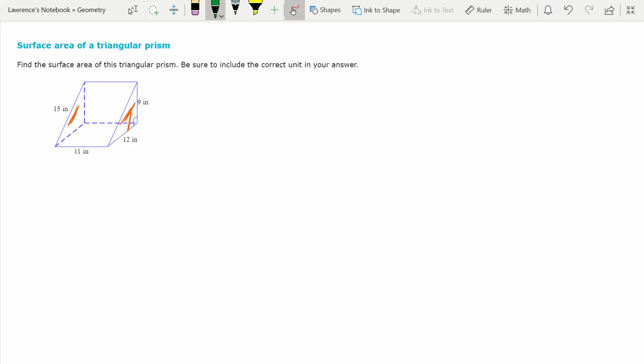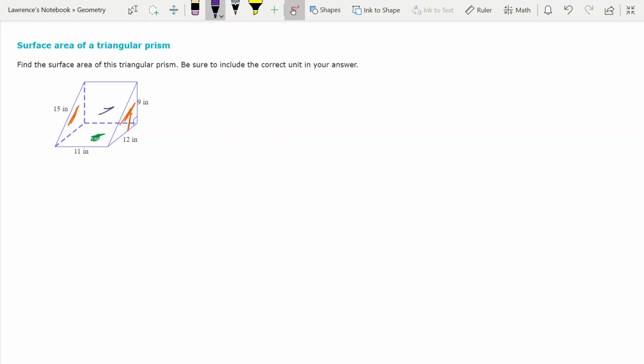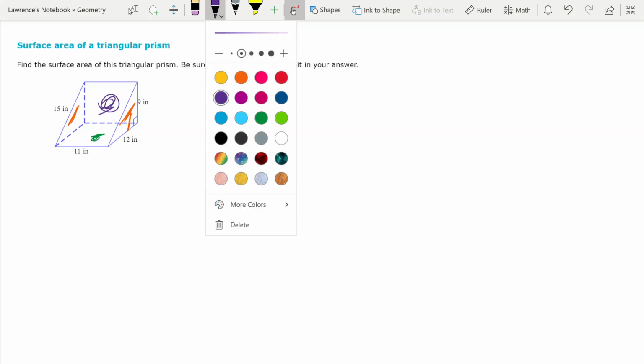I have a rectangle down here at the bottom, so I'll find that. And then I have a rectangle in the back here, so I'll find that area. And then the last rectangle, because of the way this is drawn, actually you have 5 shapes.